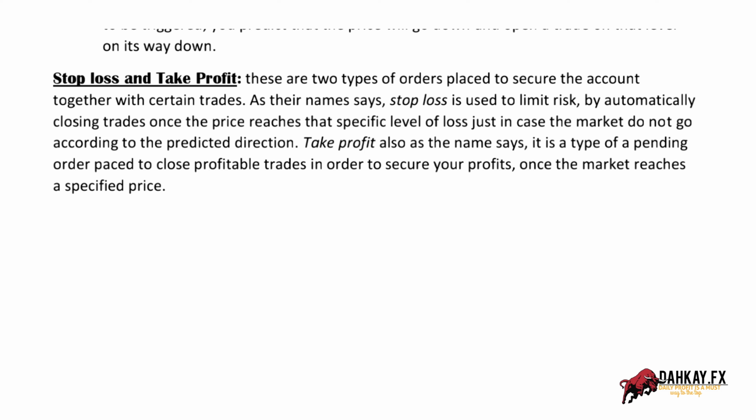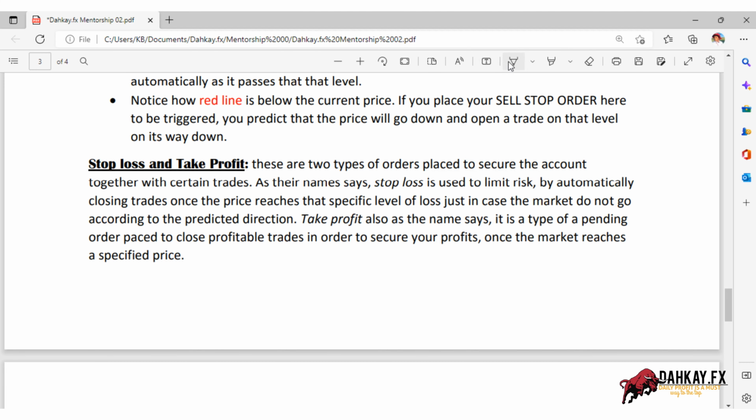Also, take profit, as the name says, is a type of pending order placed to close profitable trades in order to secure our profit once the market reaches a specified price. So for example here guys, if you enter a trade here, like you see that okay, the market was still going up, and then you see that it's now starting to go down, and you enter a trade here.